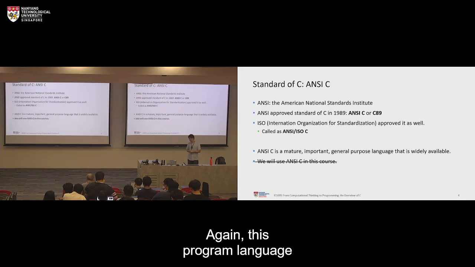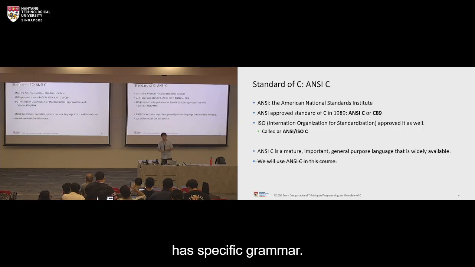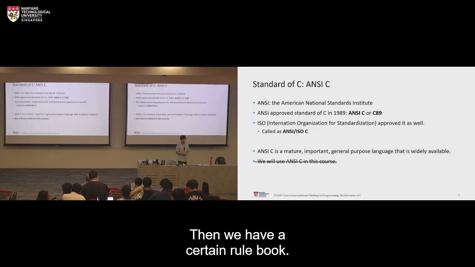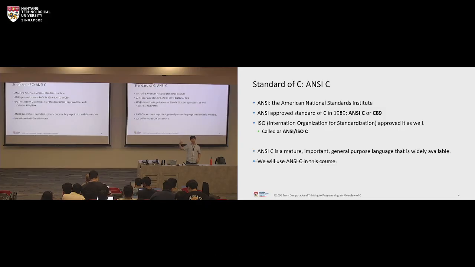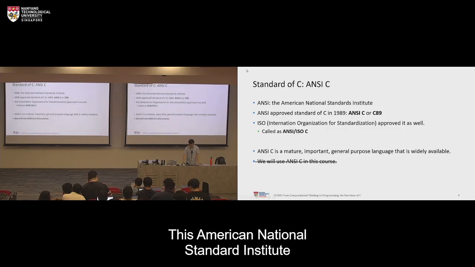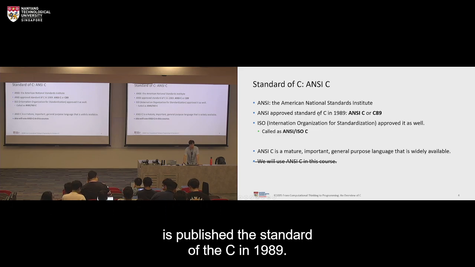Again, this programming language has a specific grammar, so we have a certain rule book. Everyone wants to have the same, aligned grammar. So the American National Standards Institute established the standard of C in 1989.